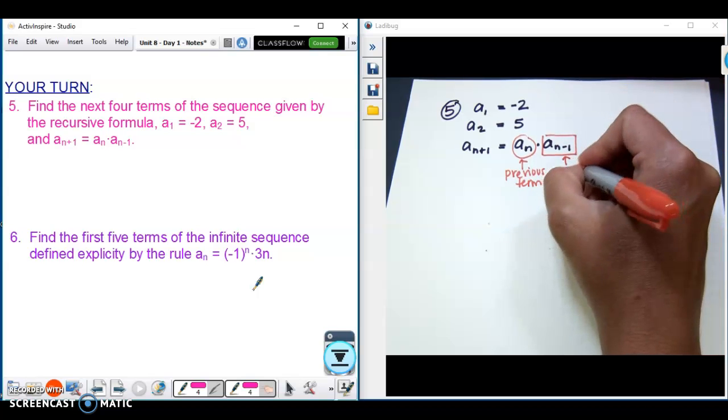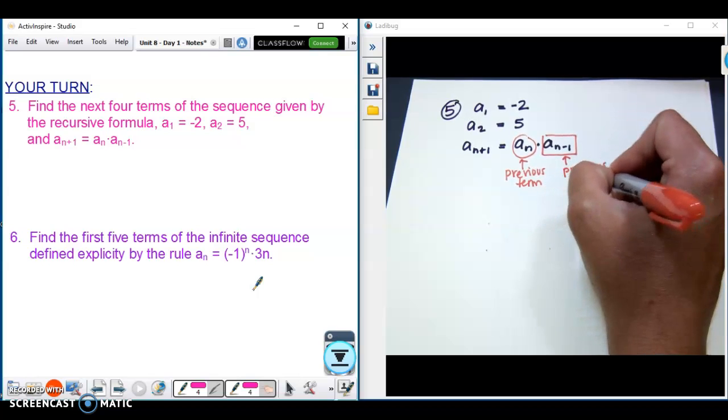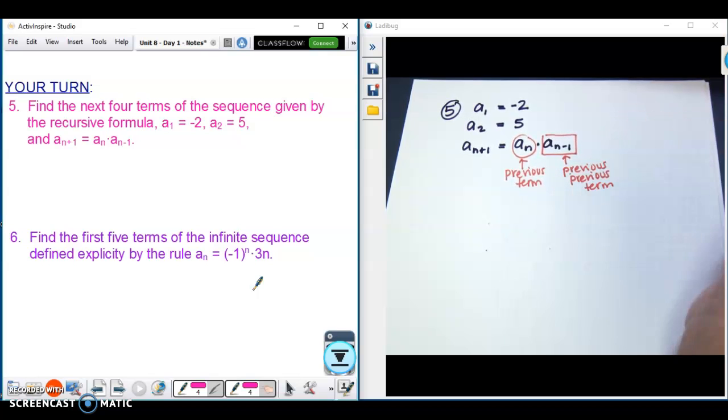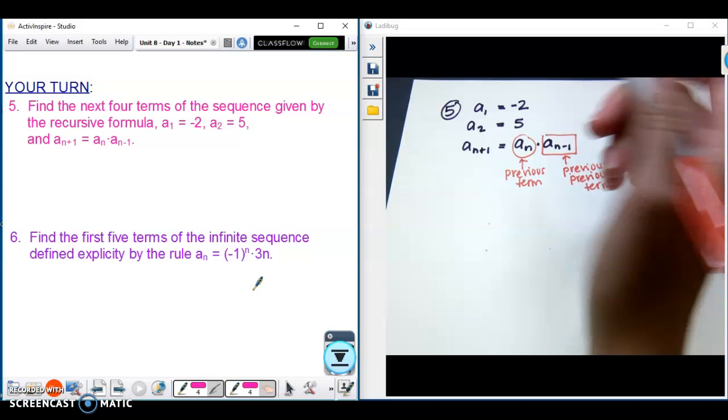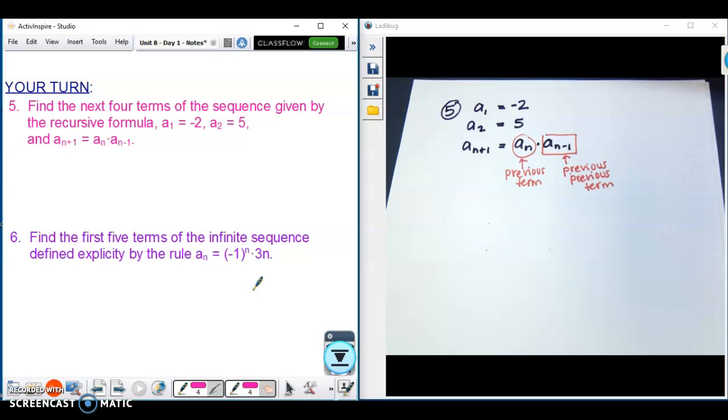So 2 before that term. Okay? So sometimes they throw this in. I could even say times A sub n minus 2, and that would mean you'd have to be given 3 initial values. So it wants us to find the next 4 terms. So the first 2 don't really count as our terms there. Okay, but I'm going to write this out.